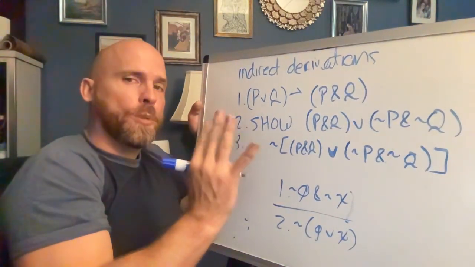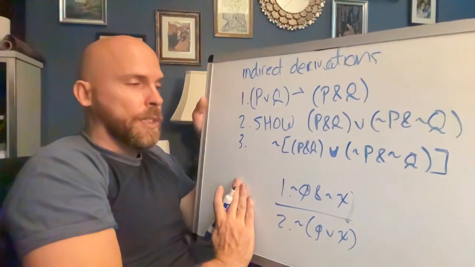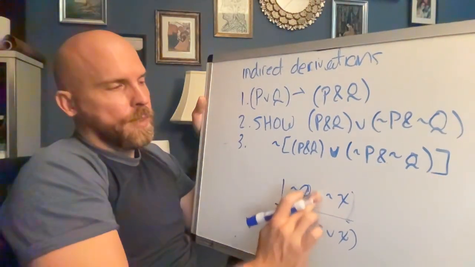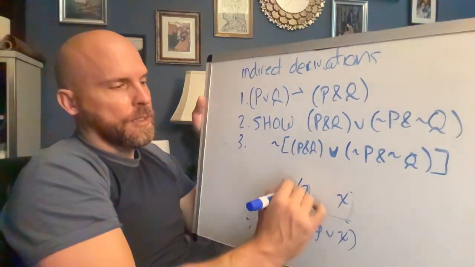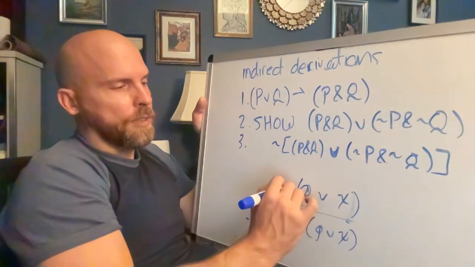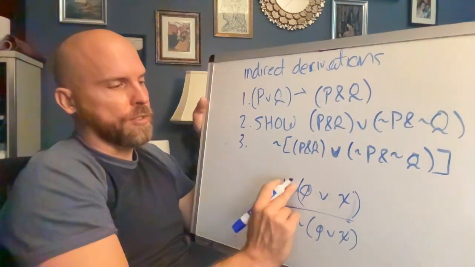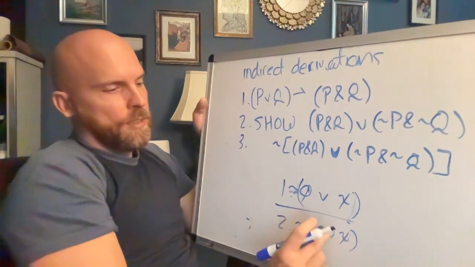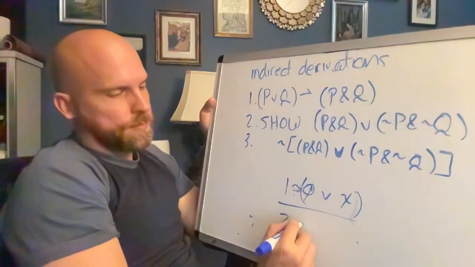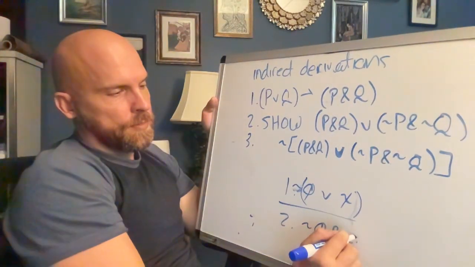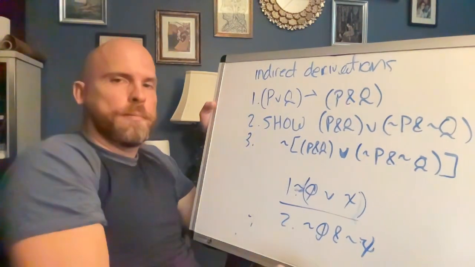Remember what I said, there are 4 directions of De Morgan's. So what I actually need is to be able to do something like this. I need to be able to go from a negated disjunction to conjuncts that are negated.